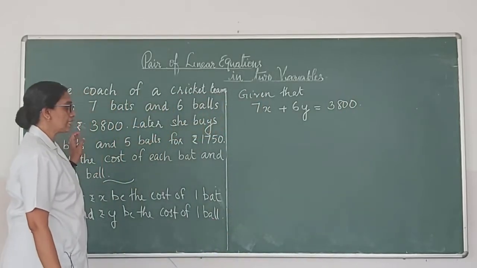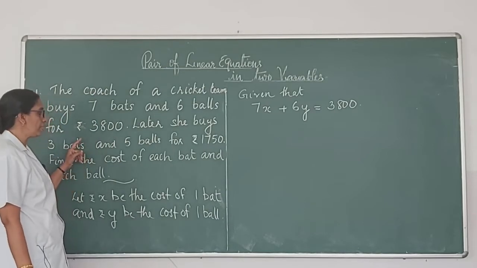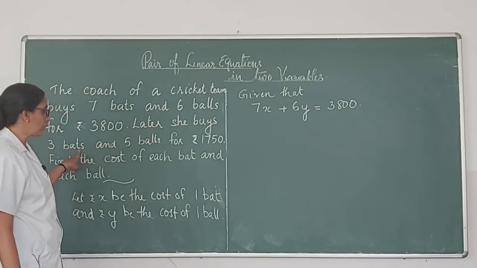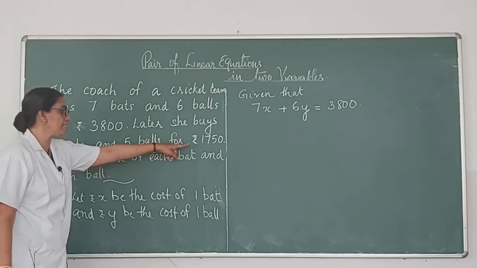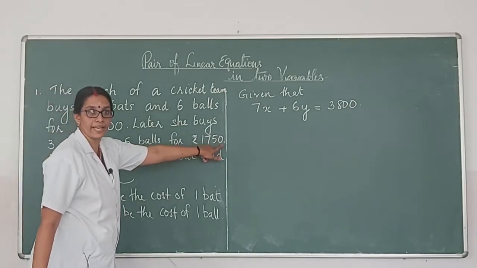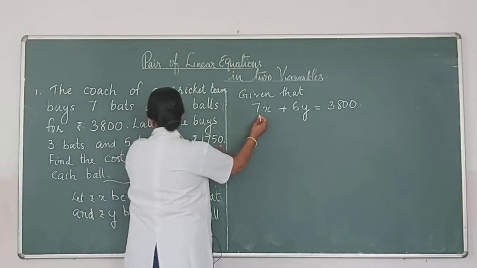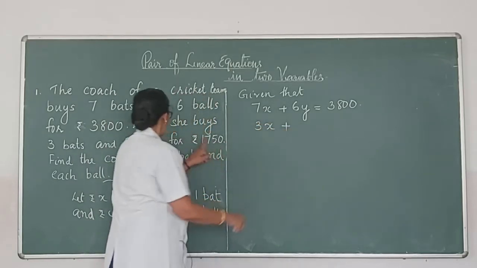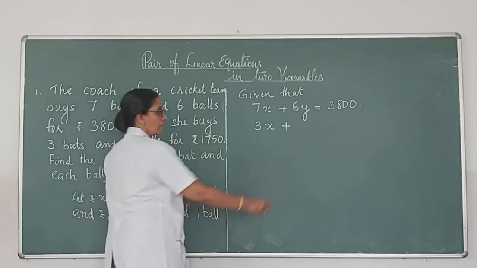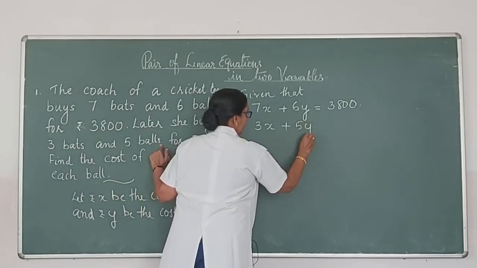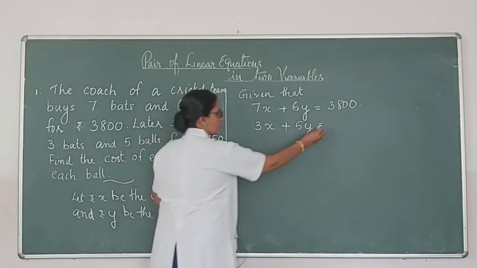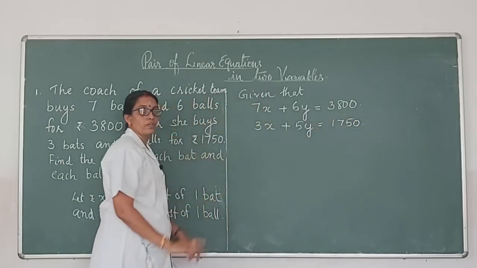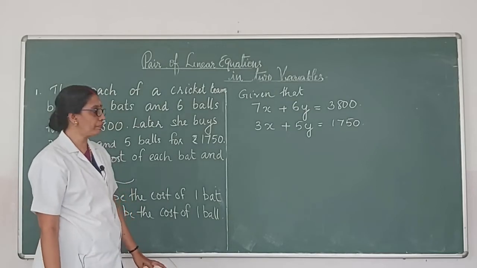Now for the second equation, what is given? Later she buys 3 bats and 5 balls for rupees 1,750. So the cost of 3 bats is 3x plus the cost of 5 balls, 5y, equals rupees 1,750. So we got the equations.